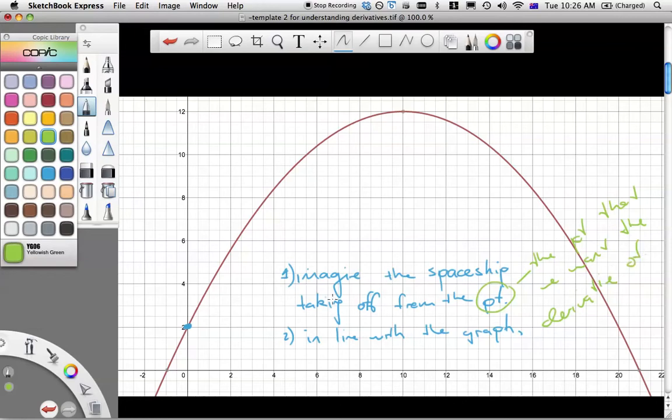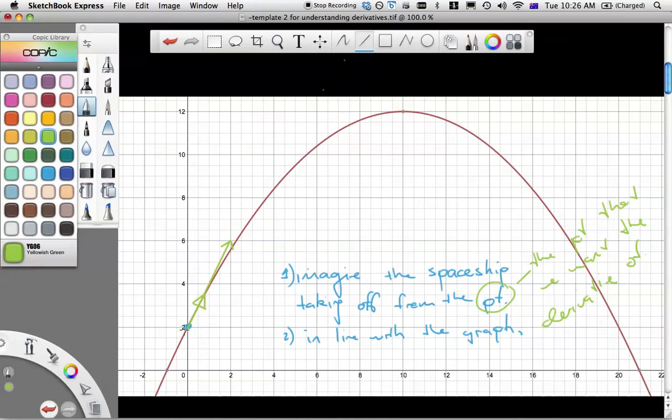It's got to be perfectly in line with this graph. So our spaceship might look something like this, in this case.